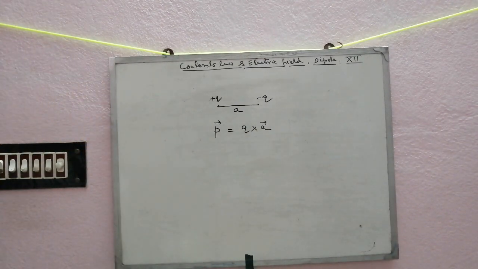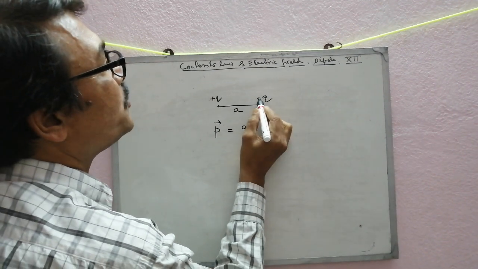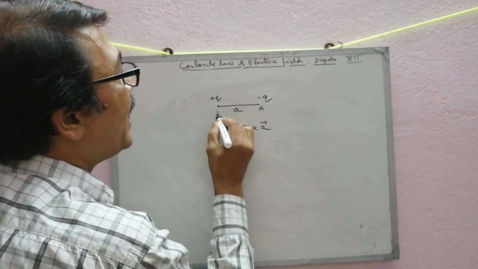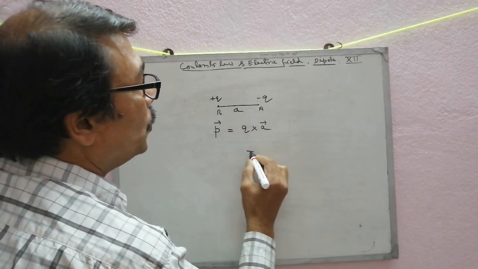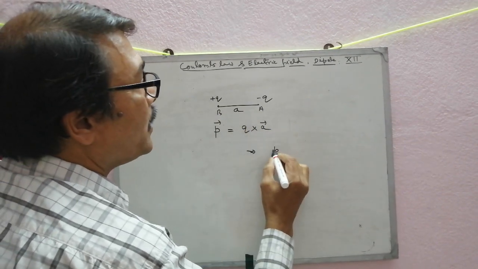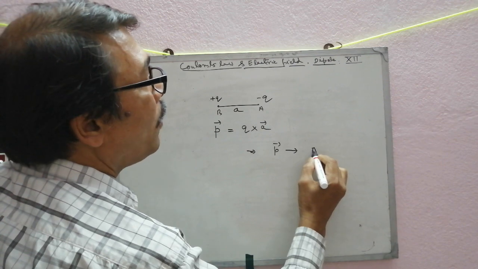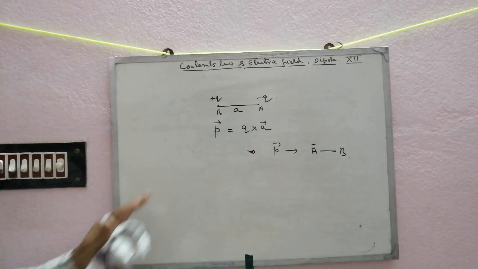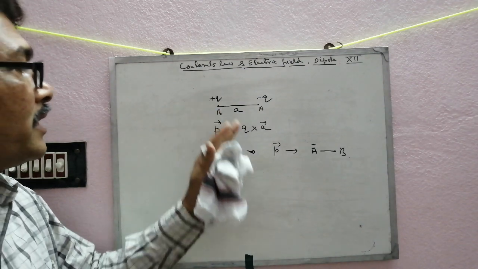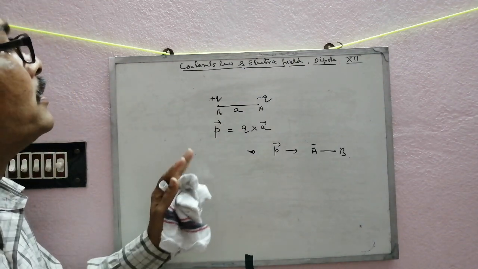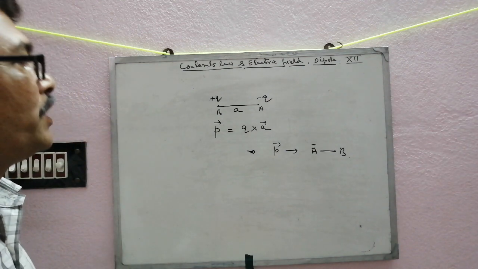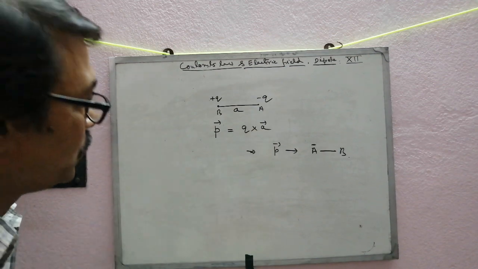The direction of A is from negative to positive charge, minus to plus, so if it is A and B, the direction of P will be from A to B. So what is the electric dipole moment? The product of any one of the charges and the distance between them. This distance is very, very small.